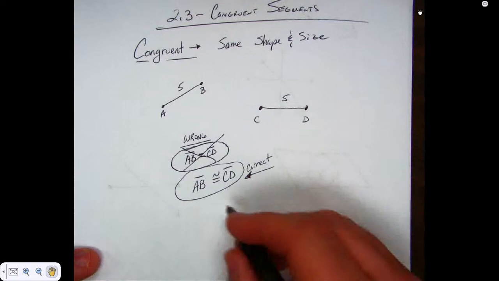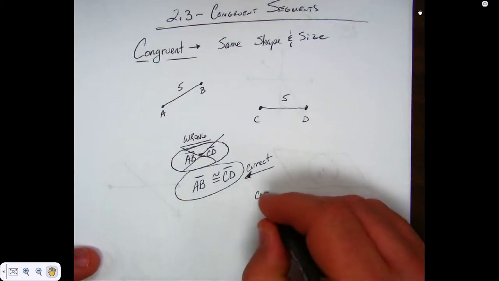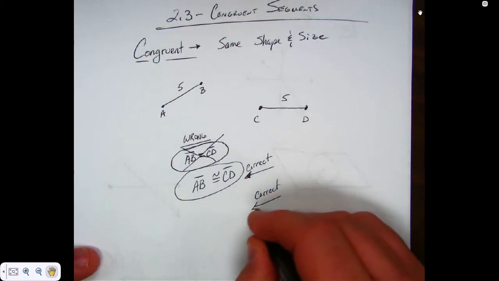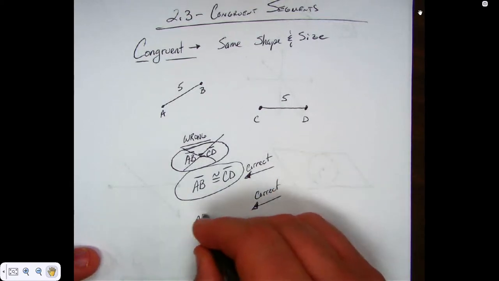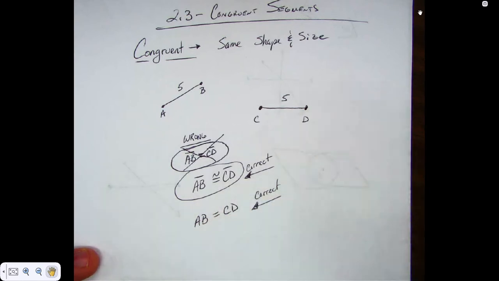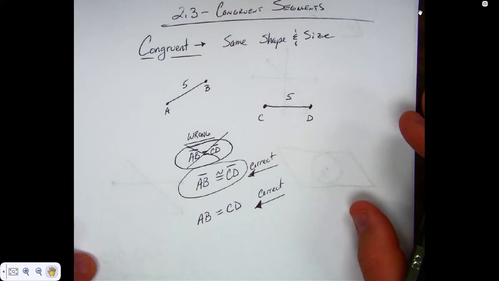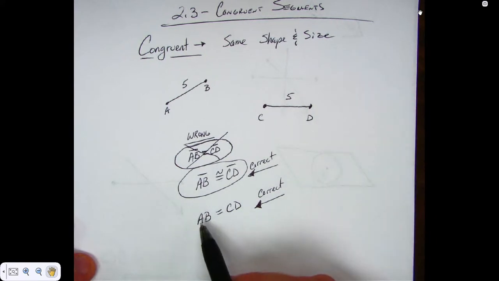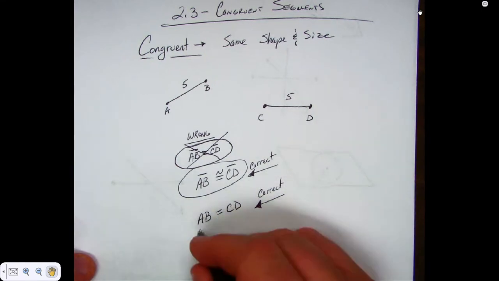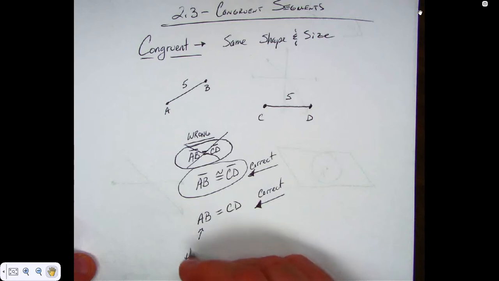Now, what is right, it is correct to say this. Does anybody know why? Do you remember why? When I don't put a line above this, and I say AB, I'm saying the distance from A to B. I thought we've talked about this.